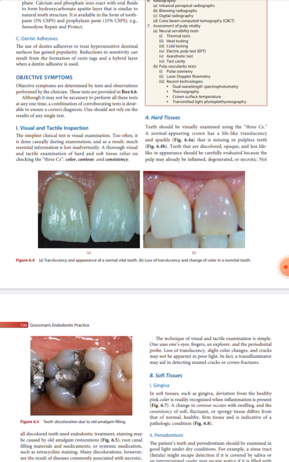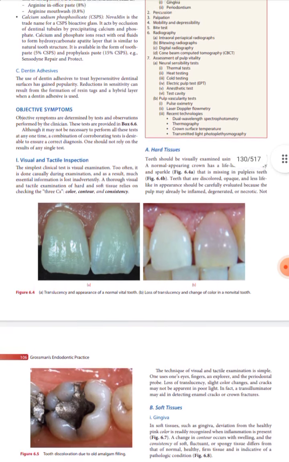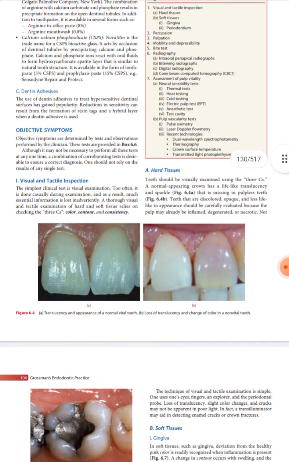Visual and tactile inspection. The simplest clinical test is visual examination. Often it is done casually during examination, and much essential information is lost. Through visual and tactile examination of hard and soft tissue, the teeth should be visually examined.